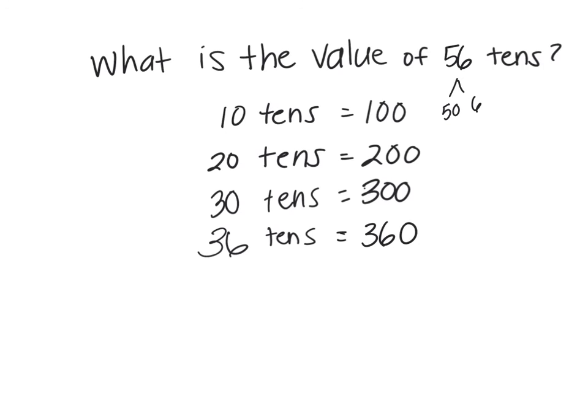So 50 tens is the same as 500. And then 60 left over. So 560 is the same as 56 tens. Okay? So if it helps to draw it out, you can. It's just going to take you a very long time, but there is a pattern that starts to happen within these numbers. 10 tens is the same as 100. And if you remember this, it'll help you solve all of the harder problems that we start to get. Okay?